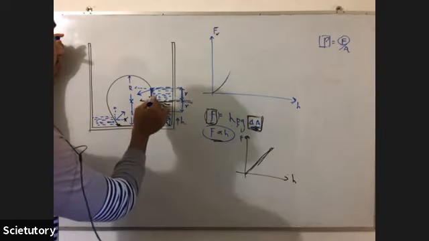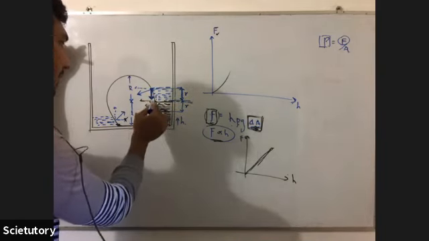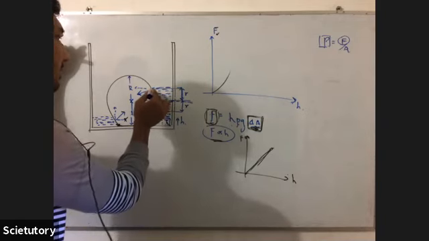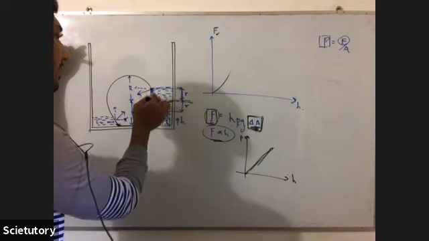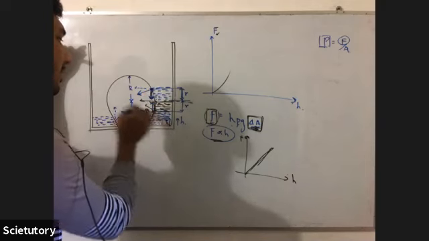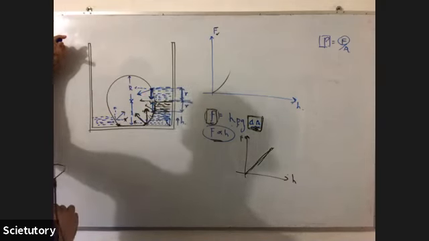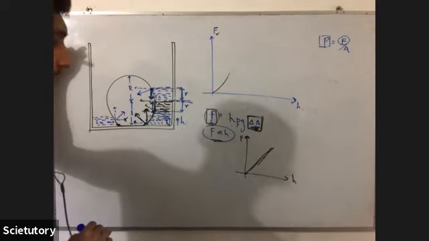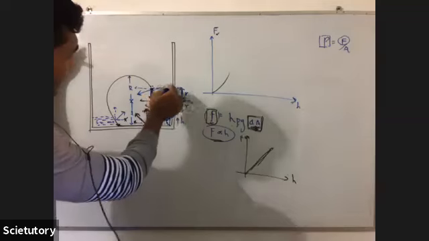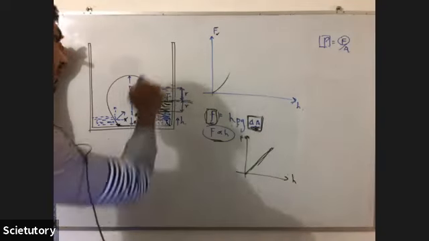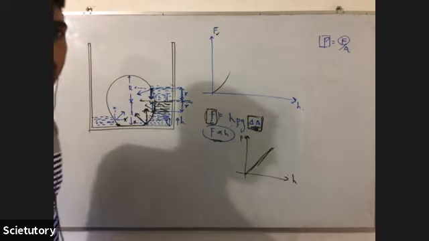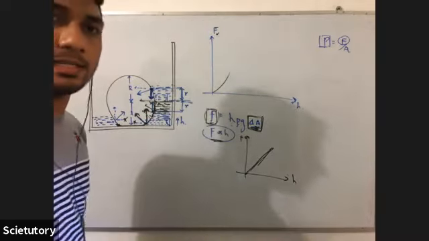This has a vertically upward component and this has a downward component, and the force on this part will cancel the force on this corresponding part because they are opposite in direction. So the newly generated forces after this point are going to cancel the already existing ones. Okay, do you understand?